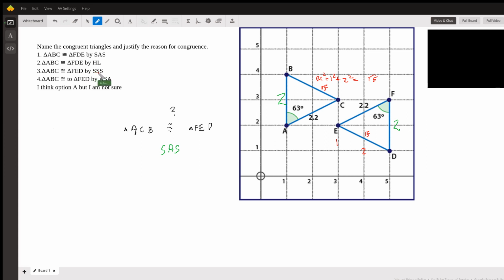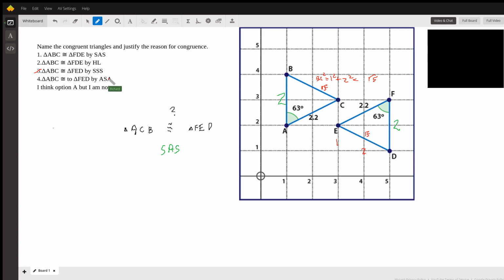So this one is out. Even though we could have used side, side, side, we can't use it because the congruent statement is wrong. So this is doing two things at the same time. It's teaching you to use the reasons for proving congruence, and it's also teaching you how to look at a congruent statement and really fully comprehend what you're looking at.